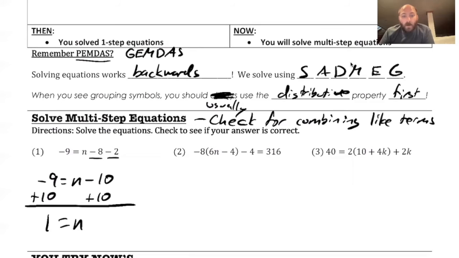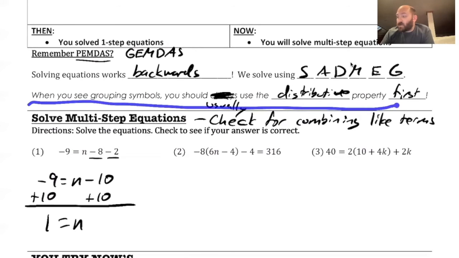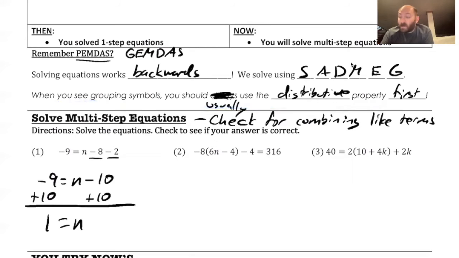For number 2, now, again, the hint here says to distribute. But I'm going to say usually, because here's what's nice about this one. As long as I have a single n in there, I don't have to distribute. I'm going to map out the order of operations kind of like I did on the previous lesson. The first thing to happen to n, if this was a number, is that it would be multiplied by 6.